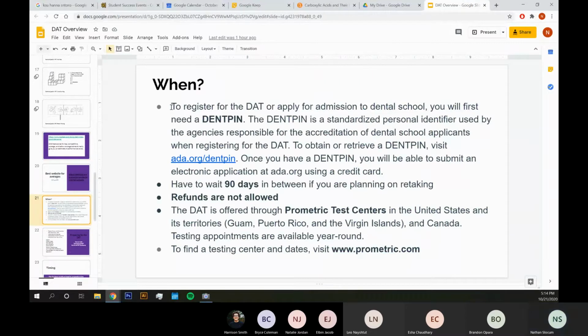So to actually take the DAT, you need to make an account with the ADA and obtain a DENT PIN. And then you can actually plan to take the exam. A lot of people have had their exams pushed back and canceled because of COVID up to 3 to 5 times, which is pretty ridiculous, and it can actually ruin a decent bit of people's odds of getting into schools.